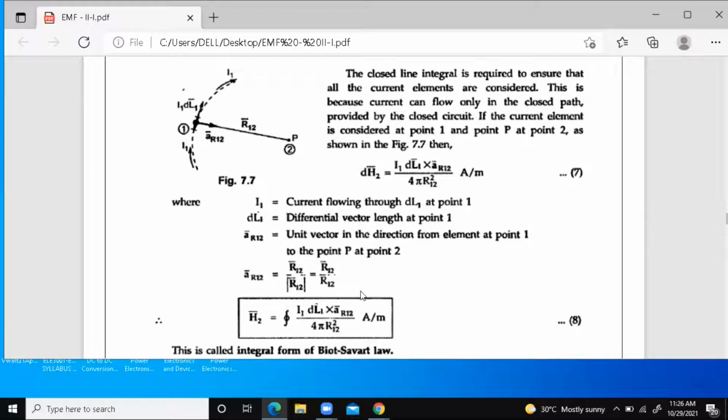No, the closed integral means that if you don't have a closed circuit, you cannot have a current flowing. So all the closed integral means is that you're integrating through the length of the circuit.